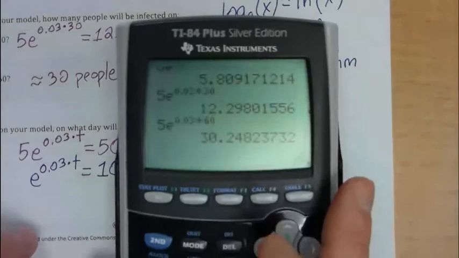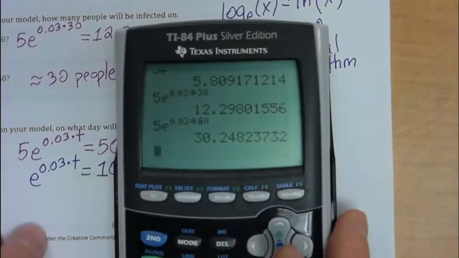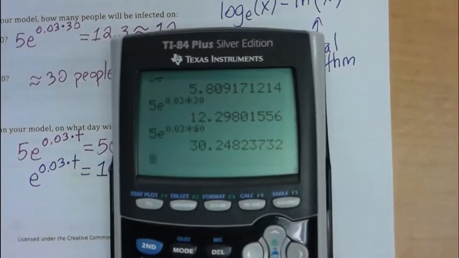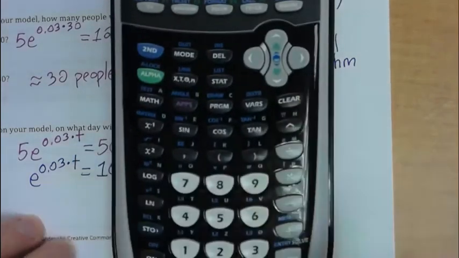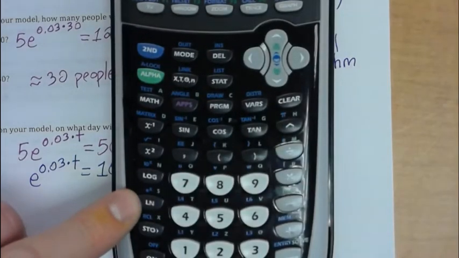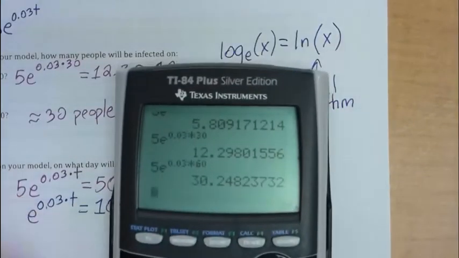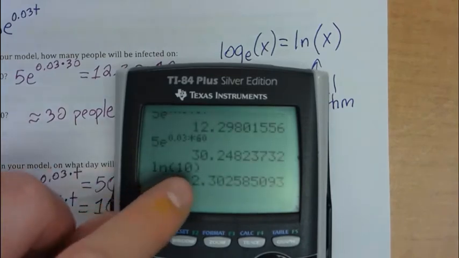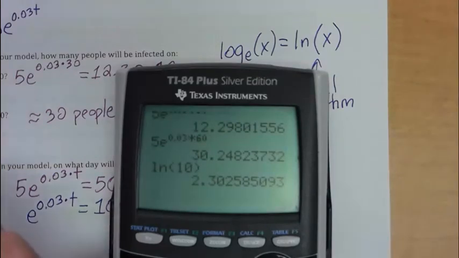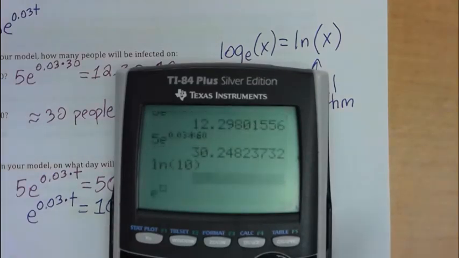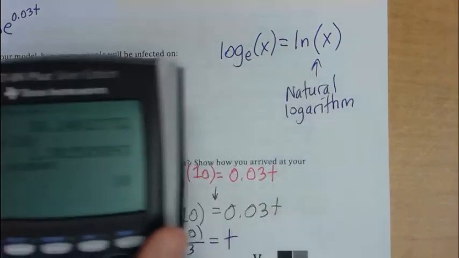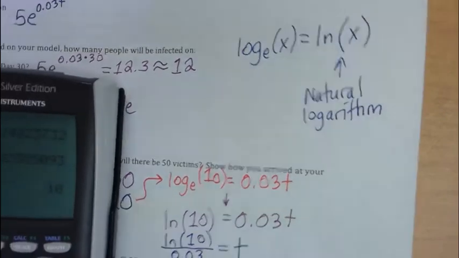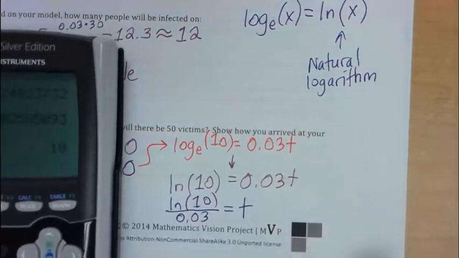So grabbing our calculator, first things first, if I am talking about natural log, we just look for the ln button on your calculator. So right there, ln. If I push the ln button, if I did say ln of 10, that means that we'd have e to the power of 2.3 equals 10. So we can check that: e to that power equals 10. So what we really wanted to do in this problem, if you look back at our work, is natural log of 10 divided by 0.03.